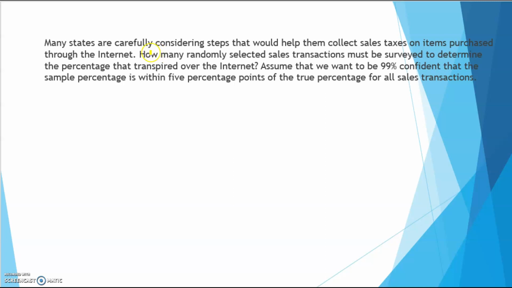Okay, so we could read this right here. How many randomly selected sales transactions must be surveyed? That's basically saying find n, or your sample size. Okay, we want to be 99% confident that the sample percentage is within.